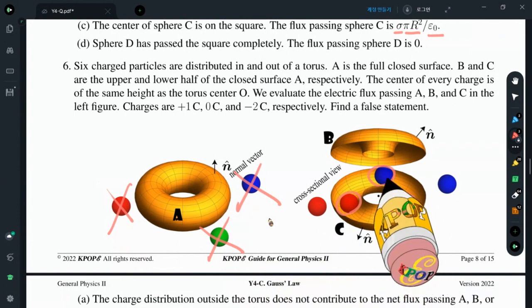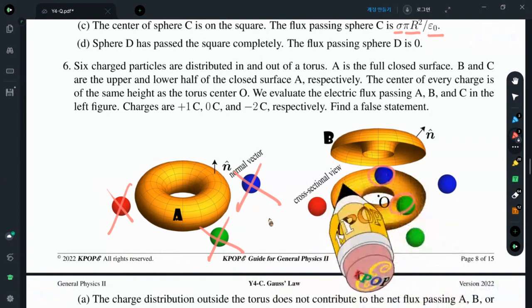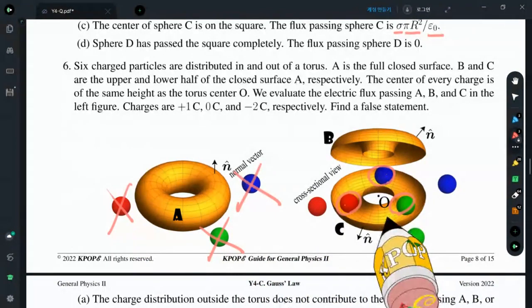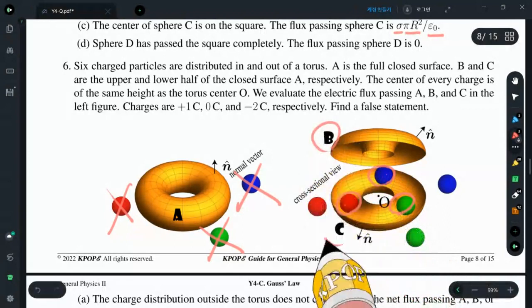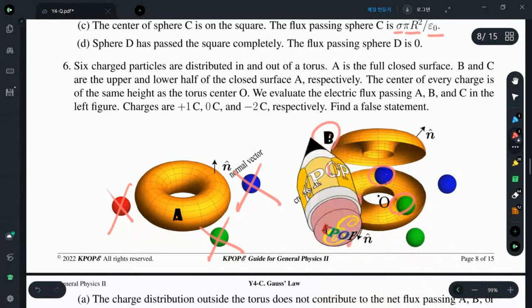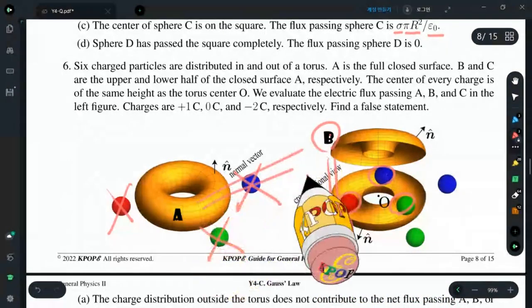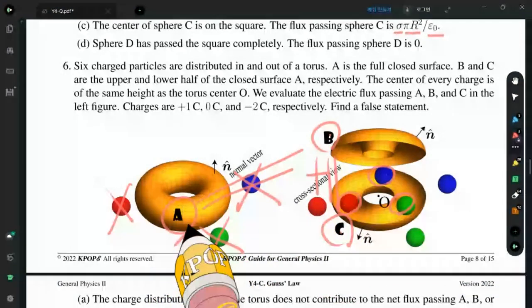It says that they are floating at the central level. Therefore, the contributions through B and C are the same, and the sum of these must be the same as the contribution passing through the closed surface A.